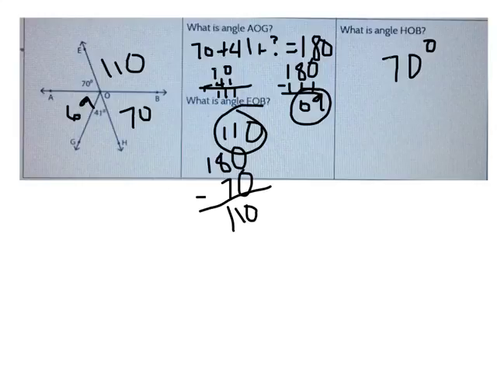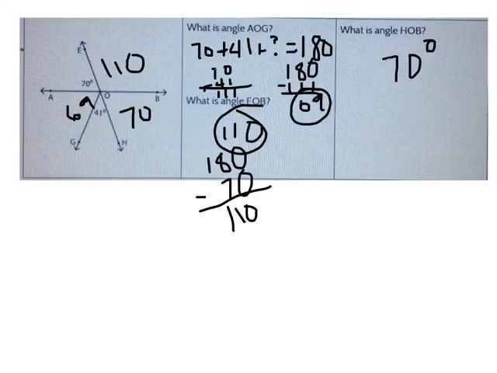Now, to solve for EOB, I know that it's on a straight line with AOE. 70 plus 110 makes 180 degrees. To solve for HOB, I can identify that it's vertical to AOE, so it is also equal to 70 degrees.